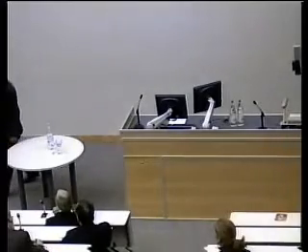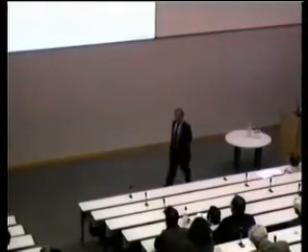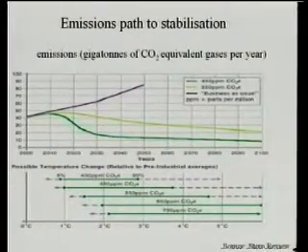There's where we want to be. This is emissions per capita, emissions per annum, so the rate of emissions, and the blue curve is business as usual. That's the curve we're on now, and with increased energy demand around the world, that curve is turning upwards.